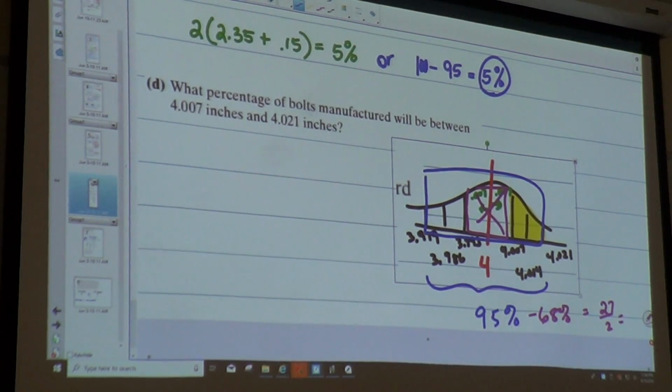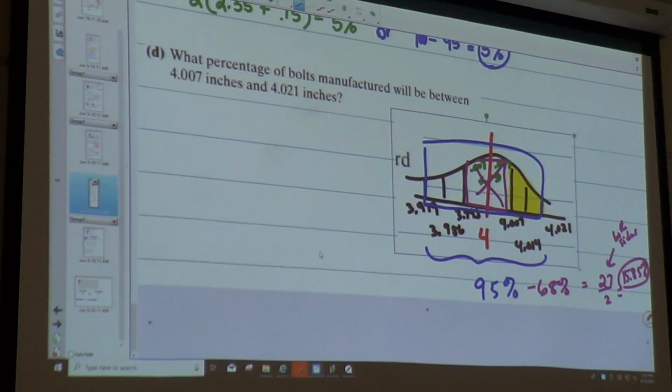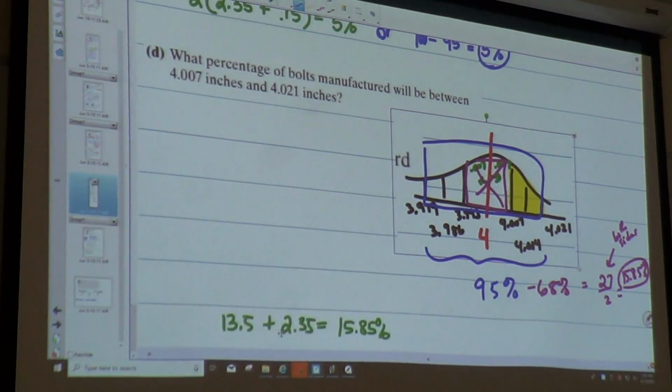Divided by 2, which is 15.85. Because that 27 represents both sides. Now, if you just use the percentages, which is fine as well, it would have been a 13.5 plus a 2.35, which would have given you the same thing.